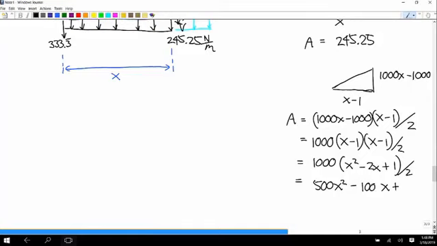Okay, and that's the magnitude of the force.